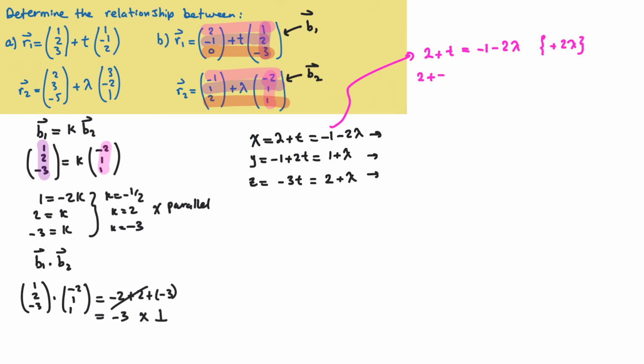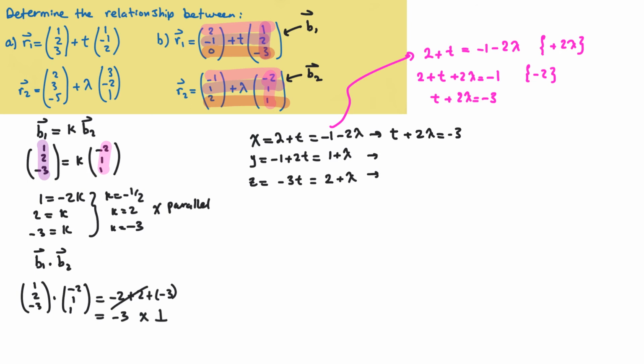So I will get 2 plus t plus 2 lambda is equal to -1, and I am going to subtract 2 from both sides in order to write it as t plus 2 lambda is equal to -1 minus 2, which is -3. Once I have my variables on the left-hand side and my constant on the right-hand side, I can write the rearranged form. So I get t plus 2 lambda is equal to -3 for the first one.